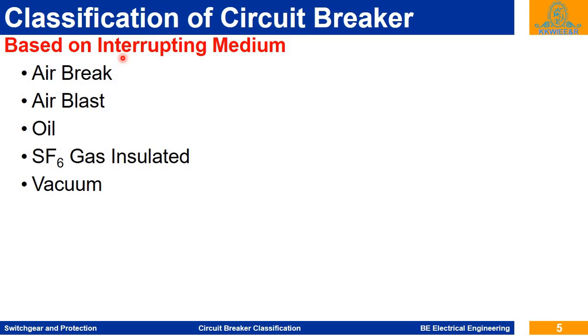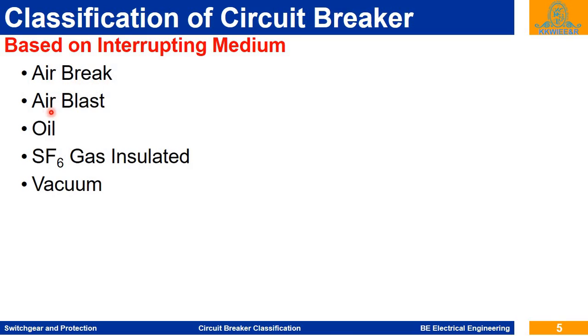For interruption of the arc, we use different mediums to take the heat or the ionized gases away from the arc interrupter. Air break: atmospheric air is used to interrupt this arc.